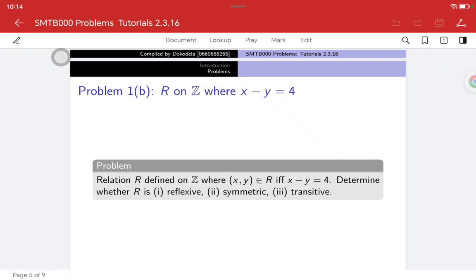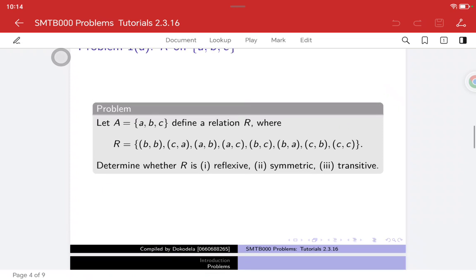So starting with the first one, we are given this set, and they say that R is BB, CA, AB, AC, and so on. So we must first check whether this is reflexive, symmetric, or transitive.